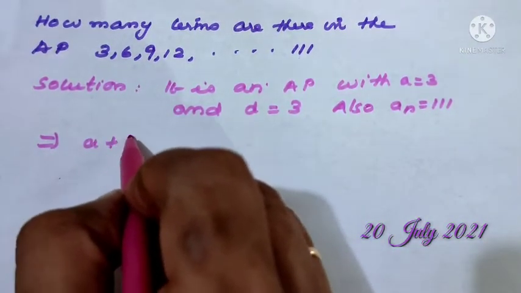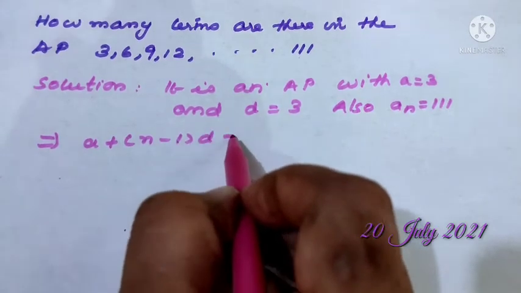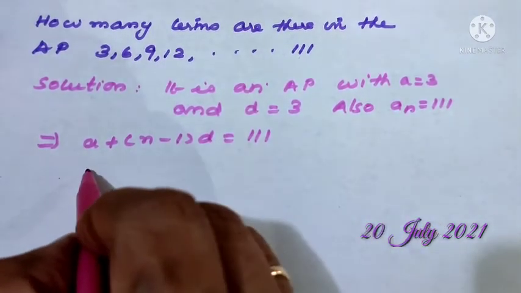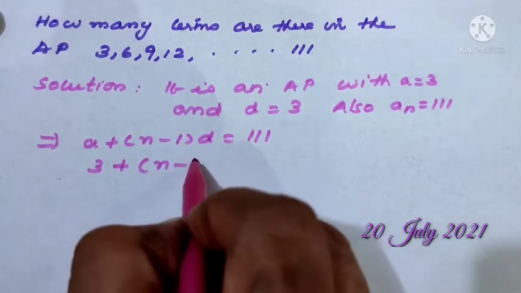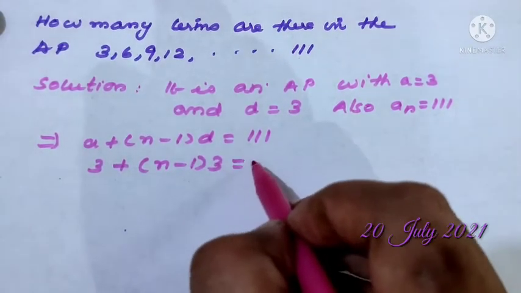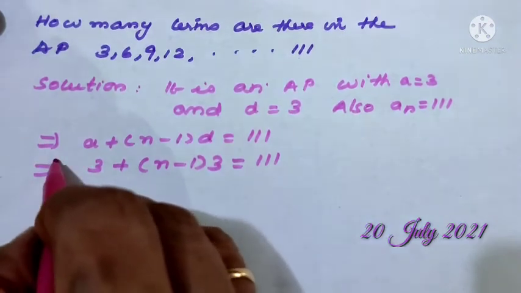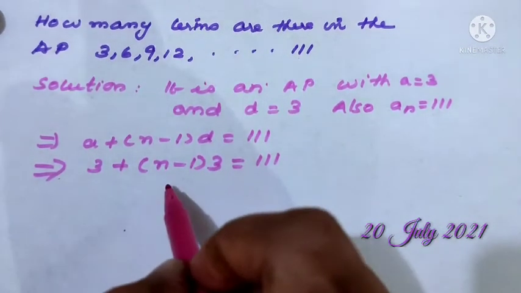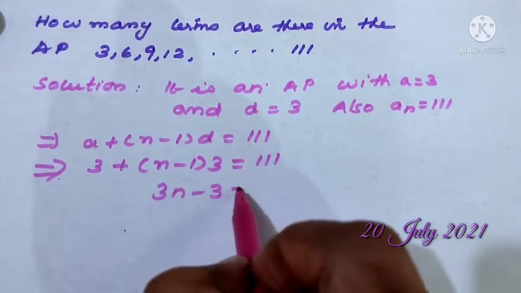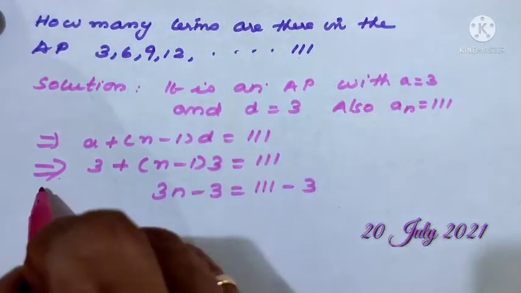A plus (N minus 1) into D equal to 111. A equal to 3 plus (N minus 1) into D, that is also 3, equal to 111 only, because N only we have to find out here, how many terms. So 3N minus 3 equal to 111 minus 3.